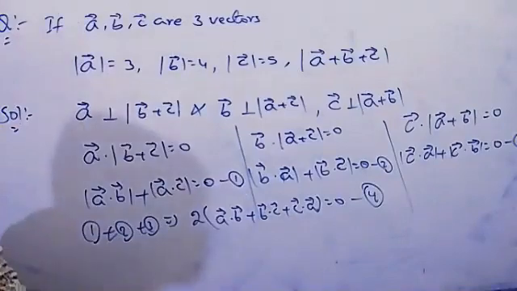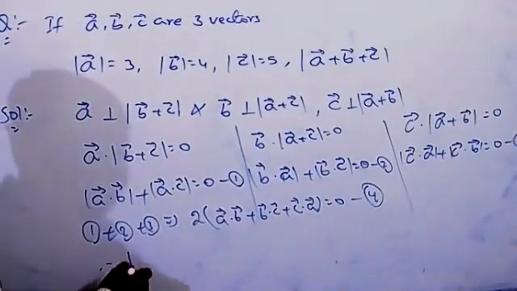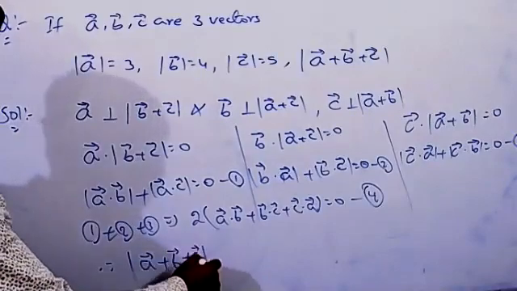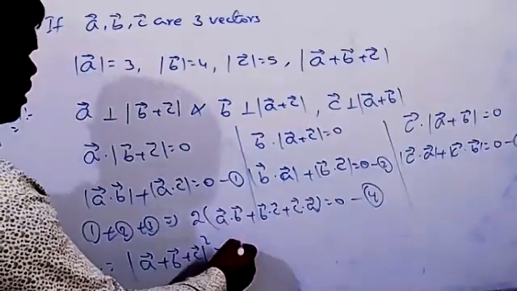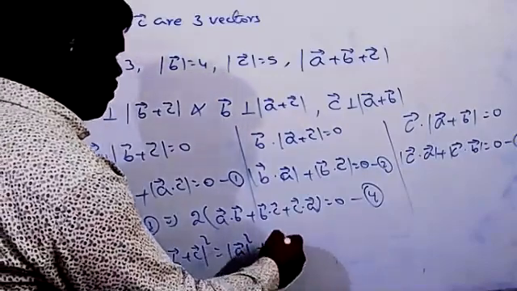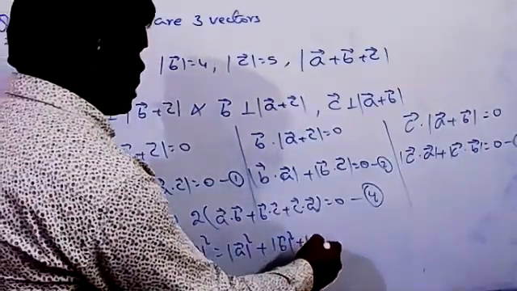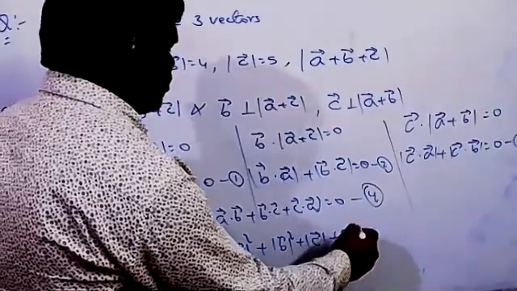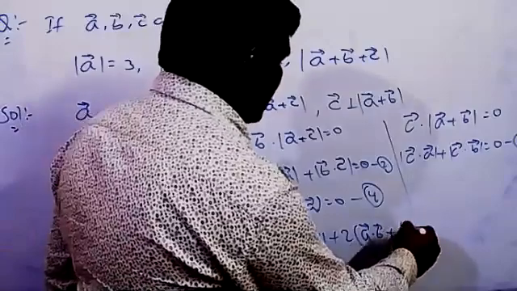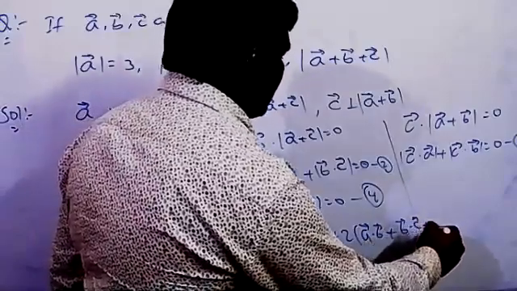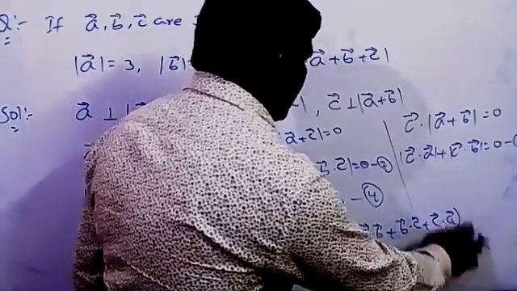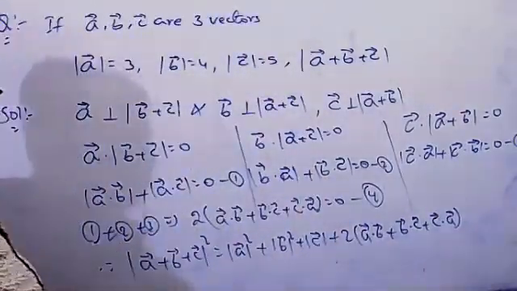So you can write (A plus B plus C) whole square is equal to, we know the formula: A square plus B square plus C square plus 2 into (A dot B plus B dot C plus C dot A). This is the formula we know very well.